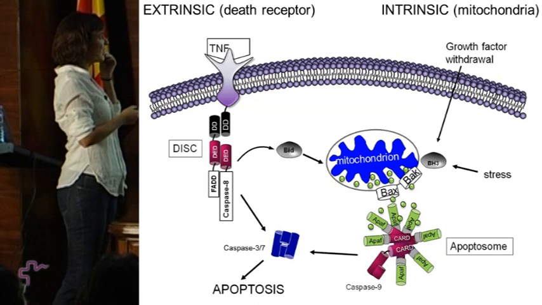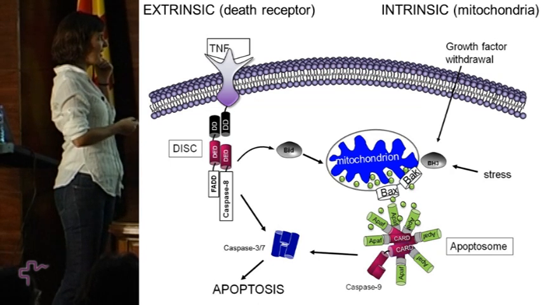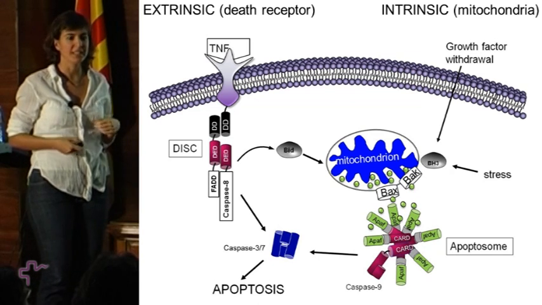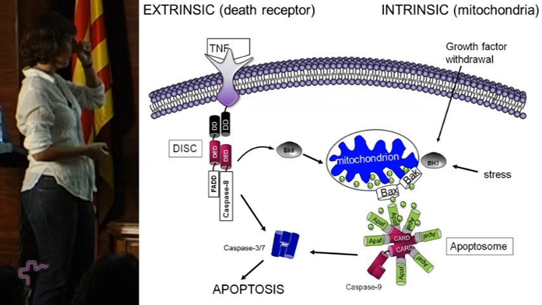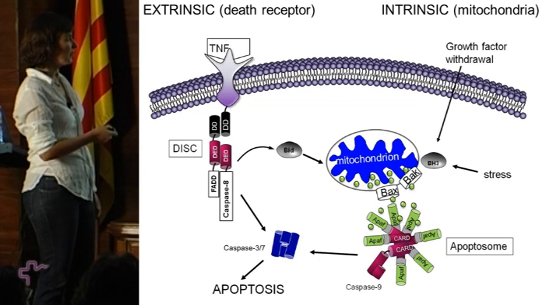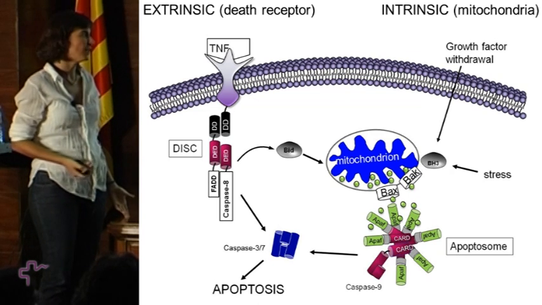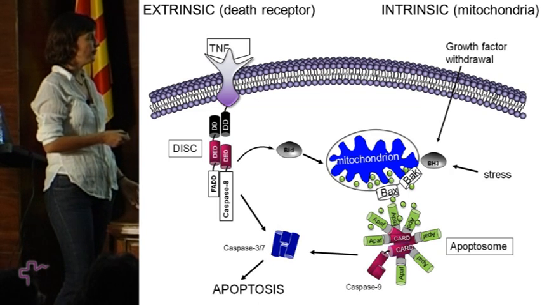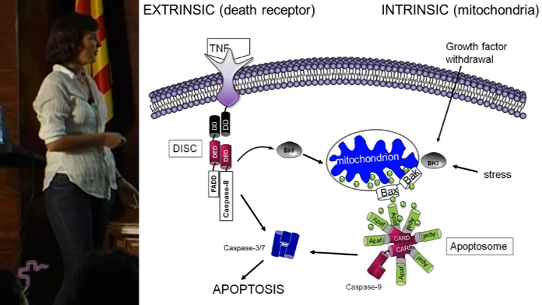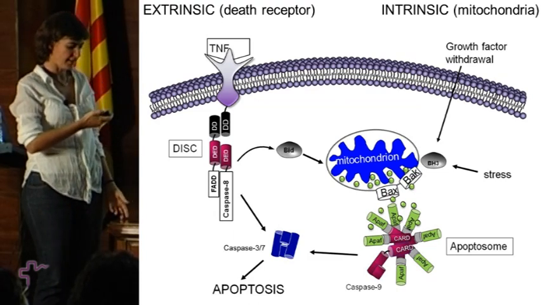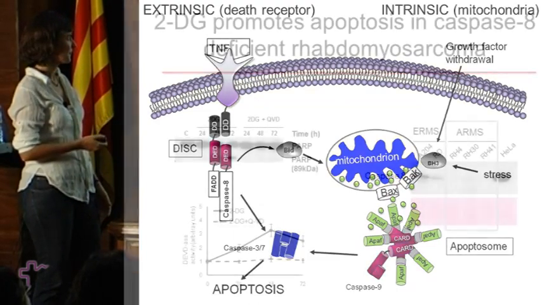The extrinsic pathway, which is mediated by caspase-8, is engaged by glucose deprivation at least in a couple of cells we've studied before. The mitochondrial pathway, which is the classical apoptotic pathway regulated by BCL2 family members, and they both converge in activation of executioner caspases.